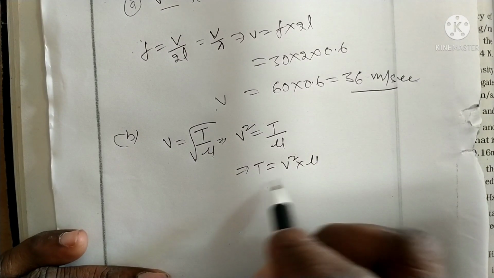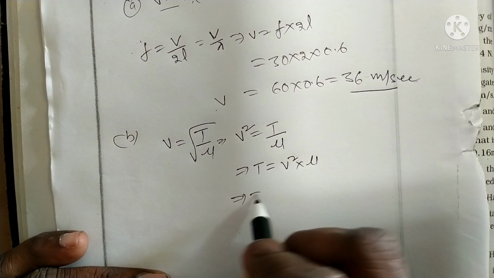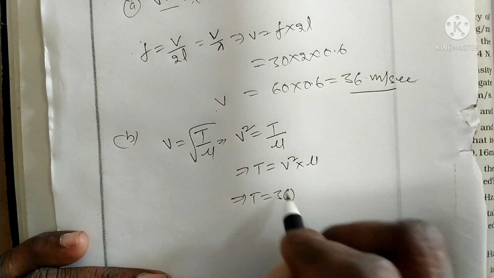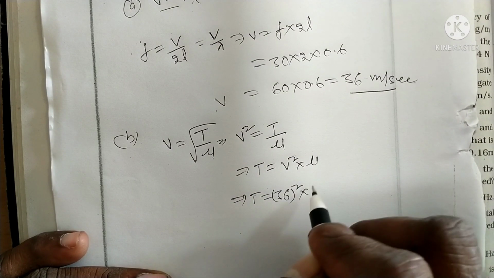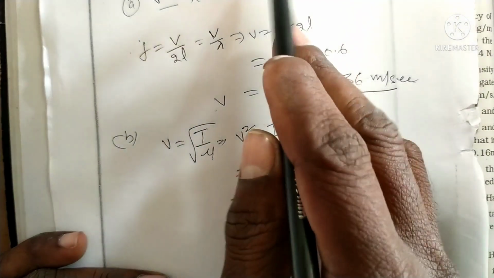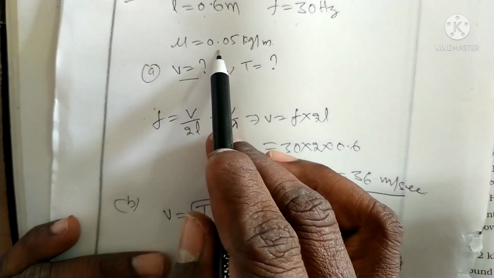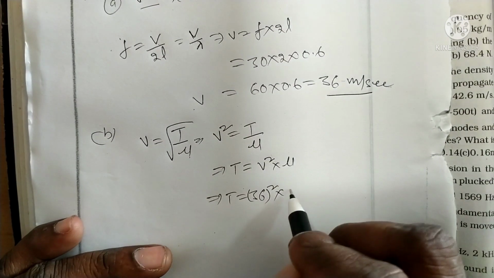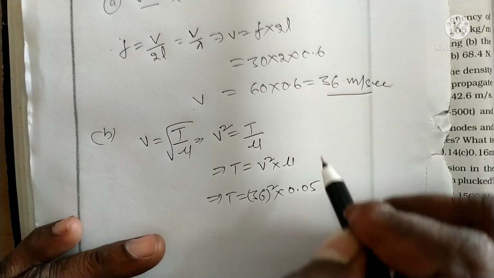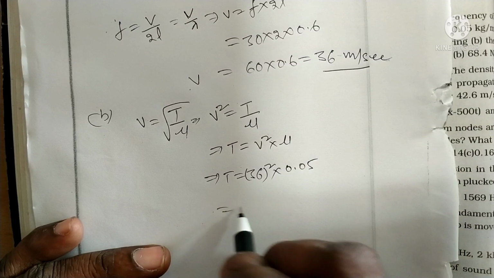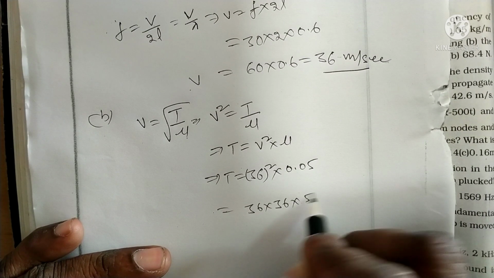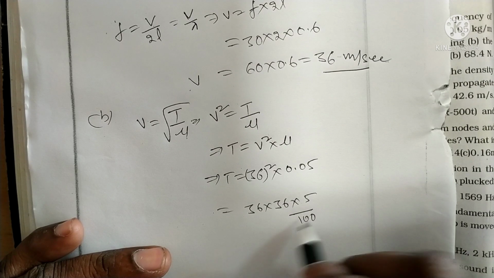T is equal to V square, that is 36 square, into linear mass density 0.05. Okay, 36 into 36 into 5 by 100.